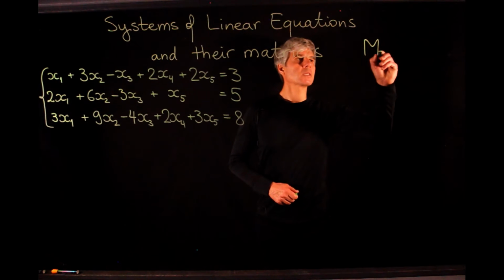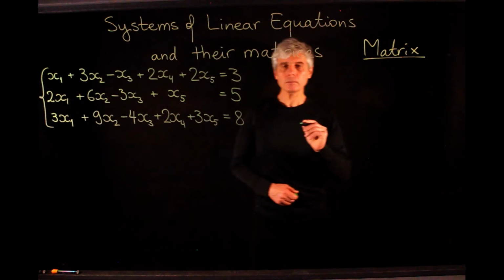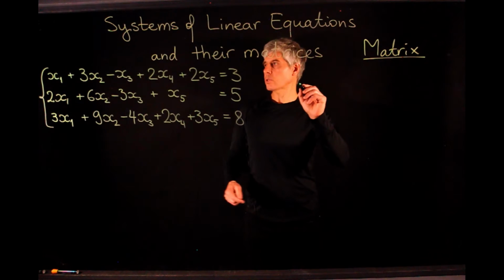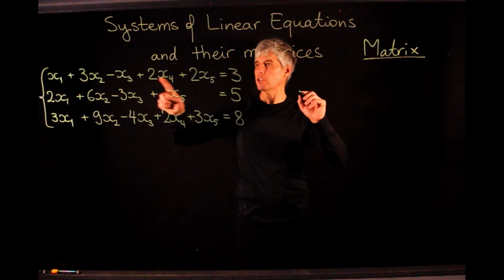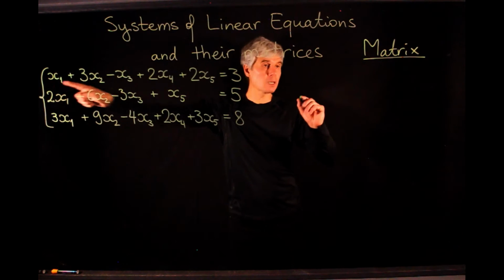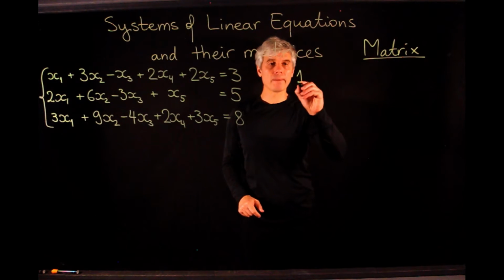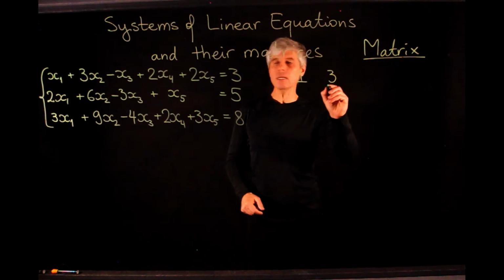So let's write down the matrix of this system. I'm going to write down just the sequence of numbers that are coefficients in front of these variables. The first coefficient, which is not written here, is really the coefficient 1. The second variable has a coefficient of 3.